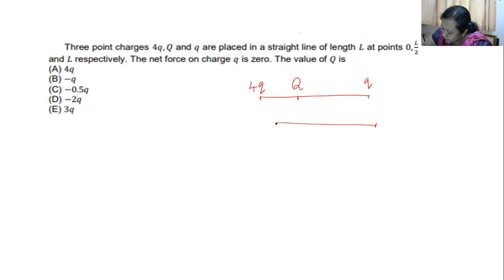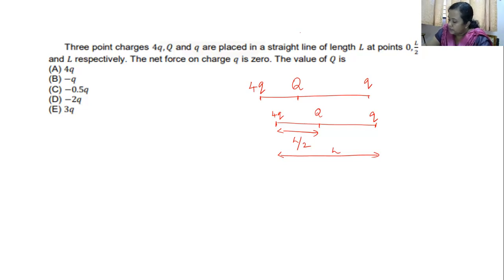So it is given that they are placed as 4q, then q at the center, then capital Q. This distance is L by 2 and the total distance is L. The net force on the charge q is 0. So it is given that the net force on q is 0, that is, F net on this is equal to 0.